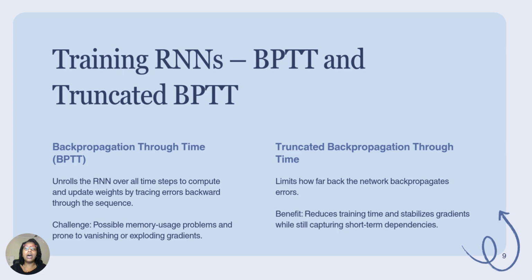So this is where we get truncated backpropagation, and that limits how far back the network backpropagates the error. So it shortens how far it goes back. For instance, it may go back only 5 or 10 steps instead of going back the entire sequence. And this makes training faster and more stable while still allowing the model to capture meaningful short-term relationships.